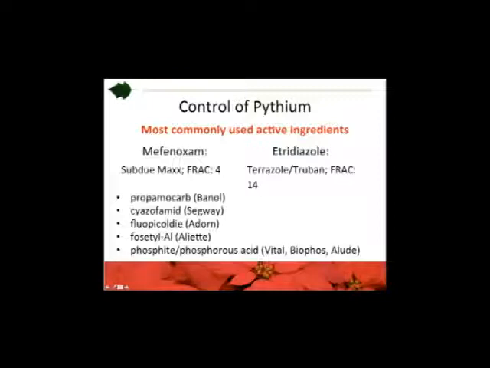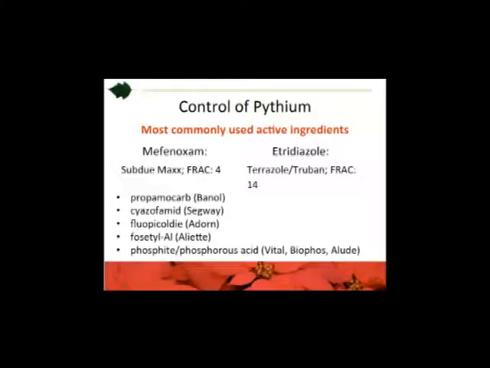However, there are a number of other chemistries that we find can be effective on poinsettias to control Pythium. One that we've been really interested in in North Carolina is a fairly newer product to greenhouse production. The active ingredient is called cyazofamid, and we know it as Segway, produced by FMC. Adorn can also be used.